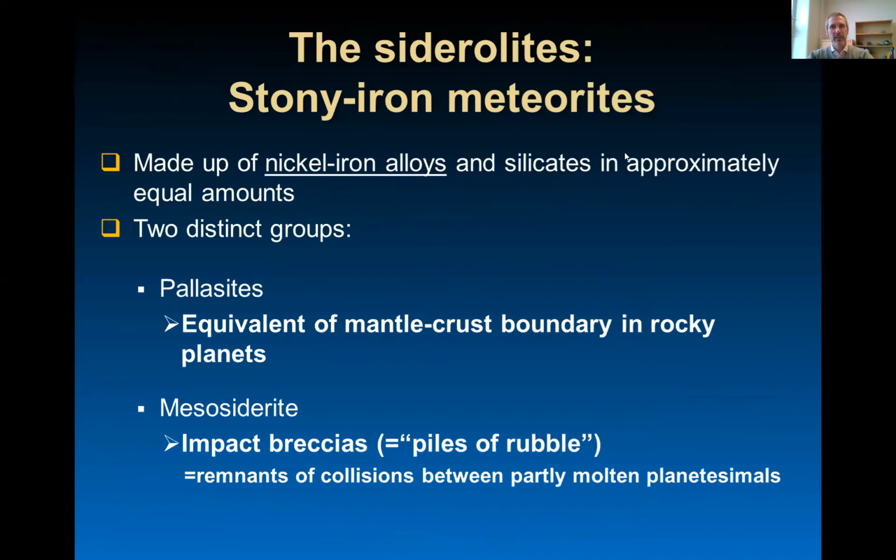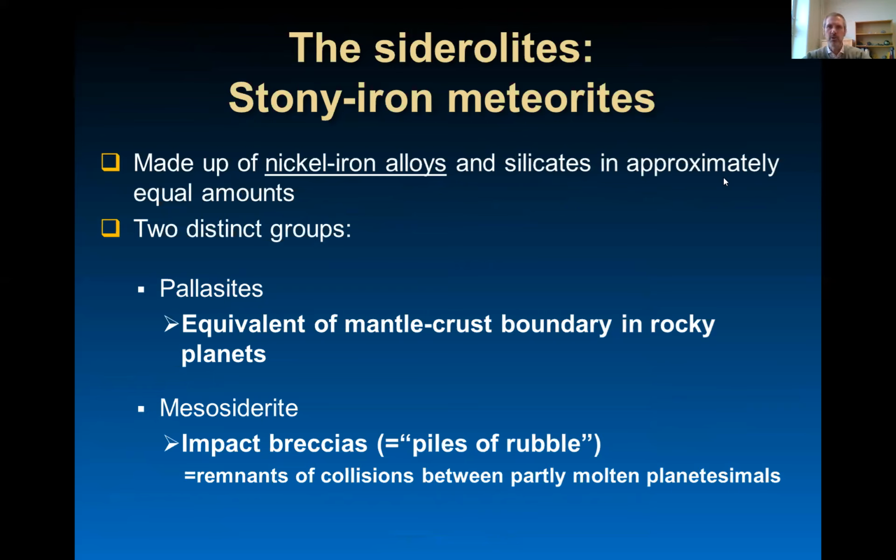The next type of meteorite, the siderolites, are stony iron meteorites. They are made up of nickel and iron alloys. We have silicates in approximately equal amounts.